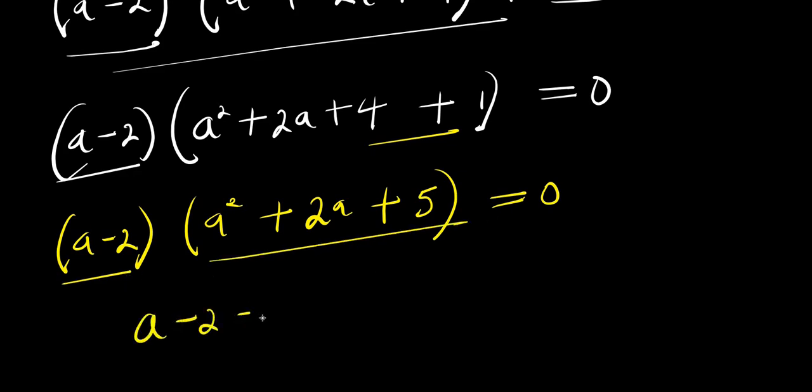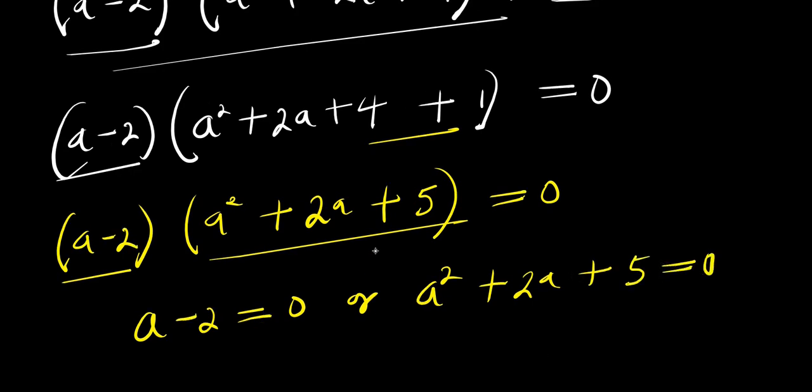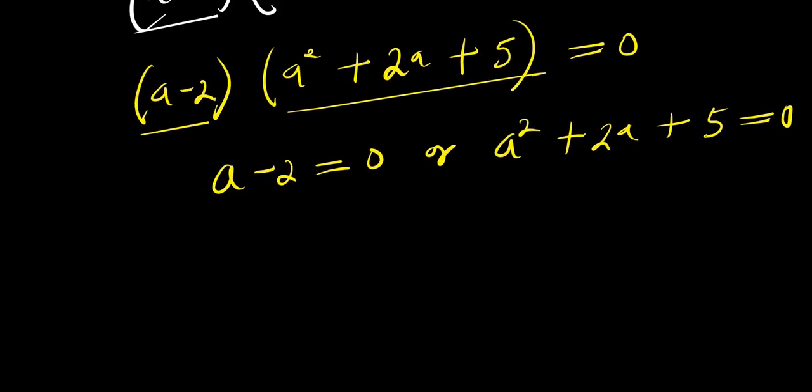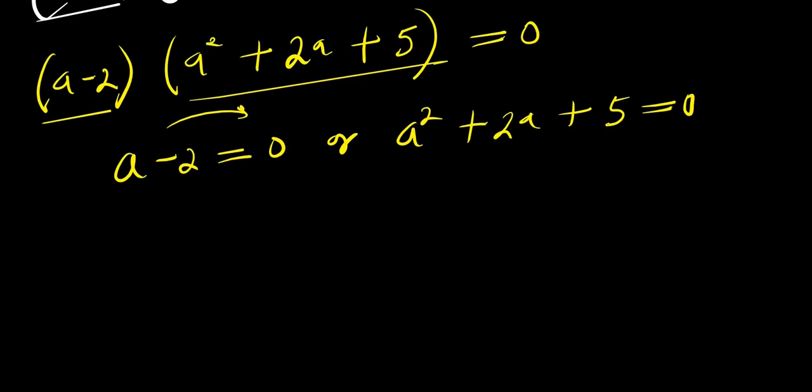So we have a minus 2 equals 0, or we have a squared plus 2a plus 5 equals 0. Now, if a minus 2 equals 0, to solve for a, I will simply move this negative 2 over here, right? So I will simply have a equals 2. That is my a1, moving this negative 2 over here.